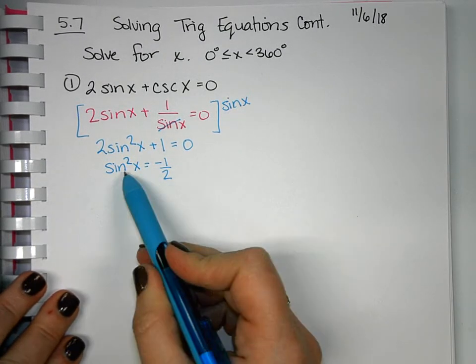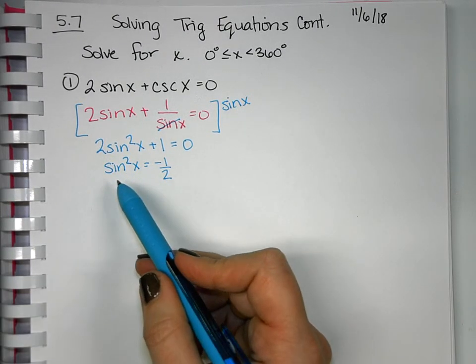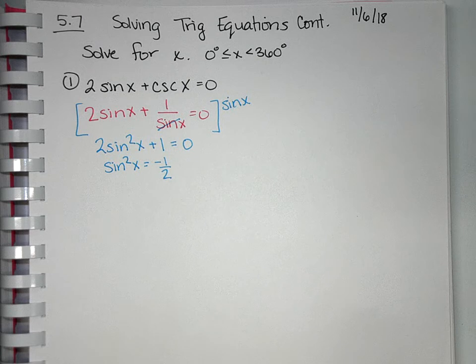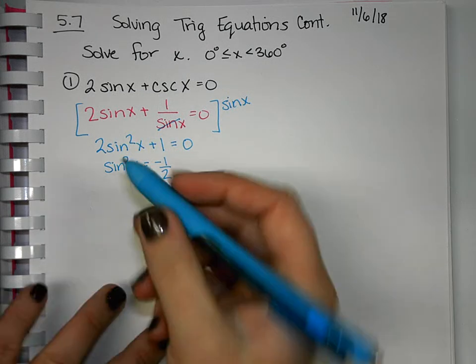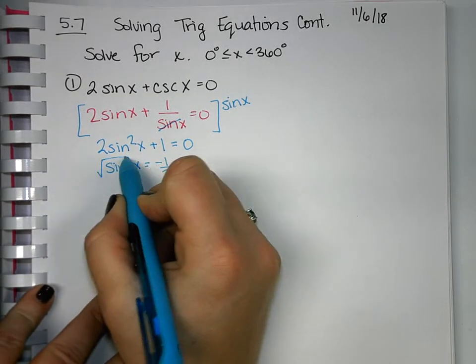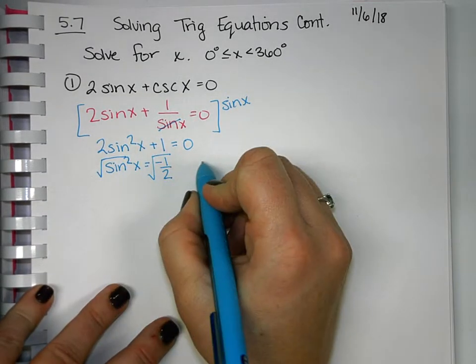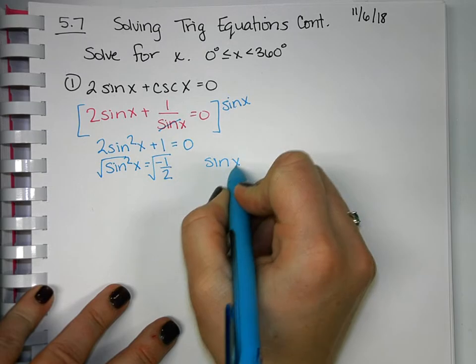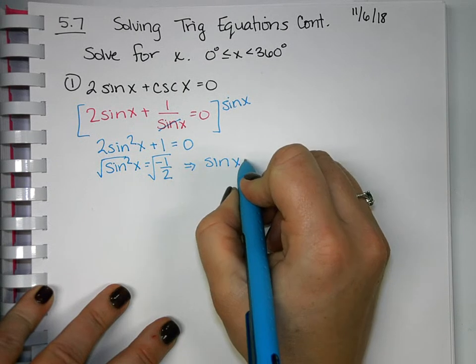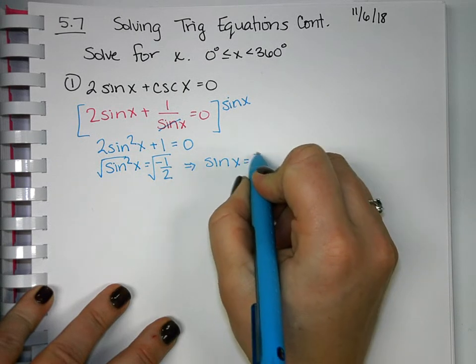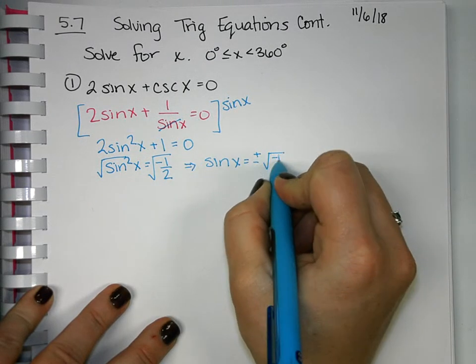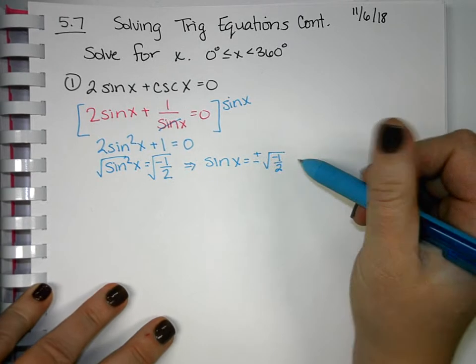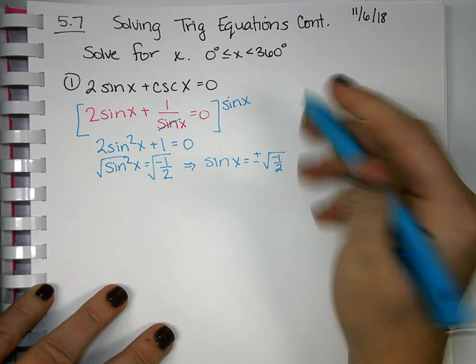Now before we can do our angles, we have to get rid of the squared. So we have to get just sine x equals to be able to find our angle. So I square root both sides, and I have sine x equals plus or minus the square root of negative 1/2. Well, can we take the square root of a negative?